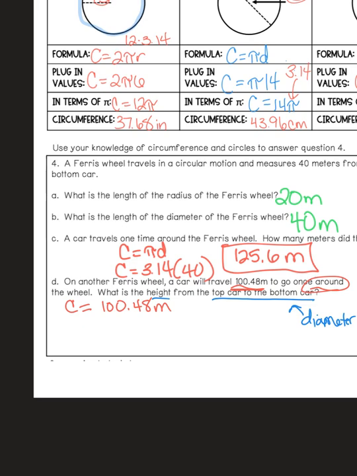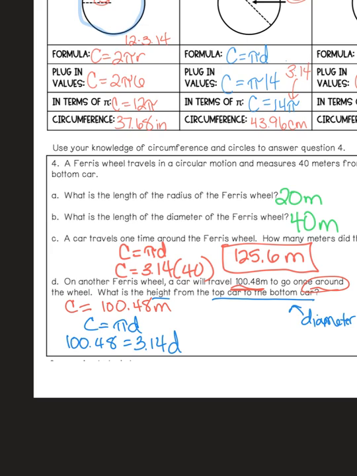What I know is C equals pi times diameter, so what values can I plug in? I know what my C is. So 148 equals pi, we're going to use 3.14, times D. Hey, that's an equation. You know how to solve the equation.